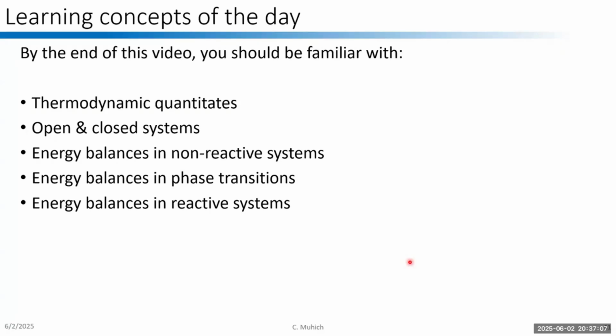Of course, like we showed in that last example, these often require coupling to mass balances. By coupling both mass and energy balances, we can discern massive quantities of information about how a chemical system is behaving.